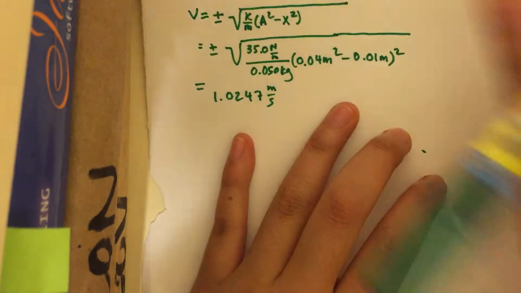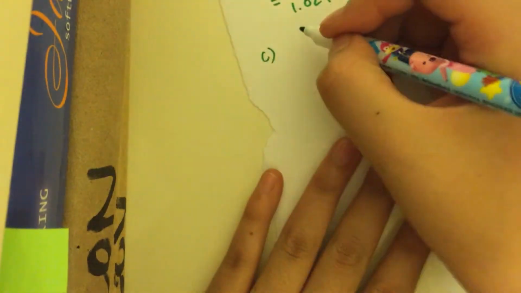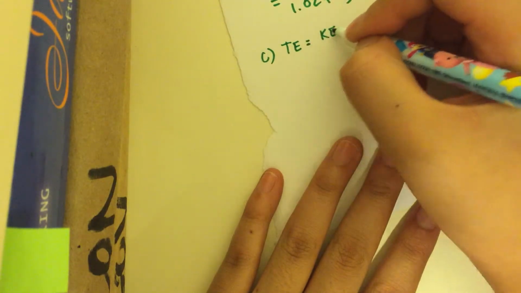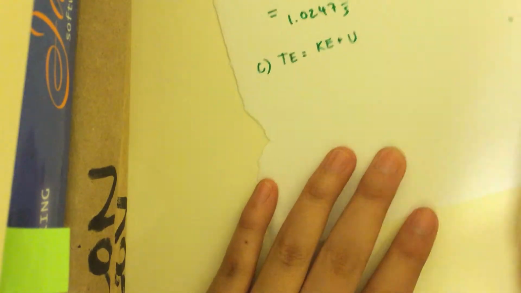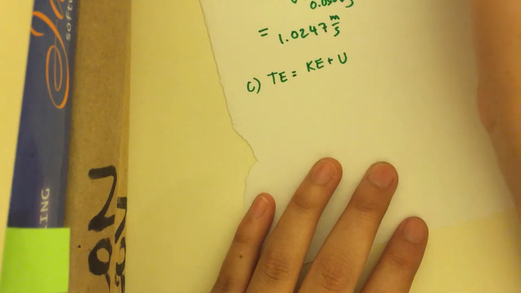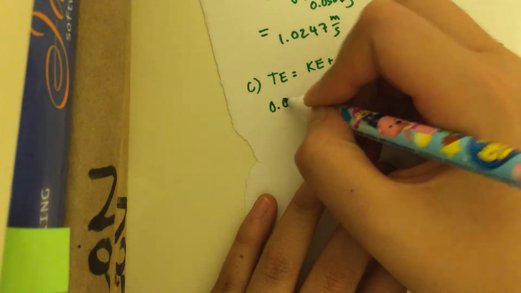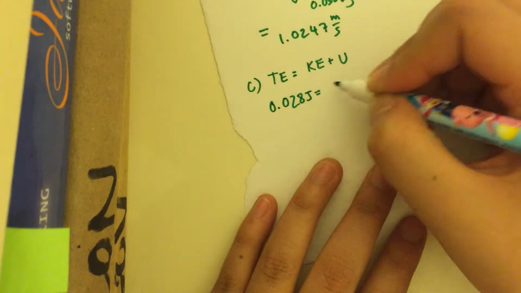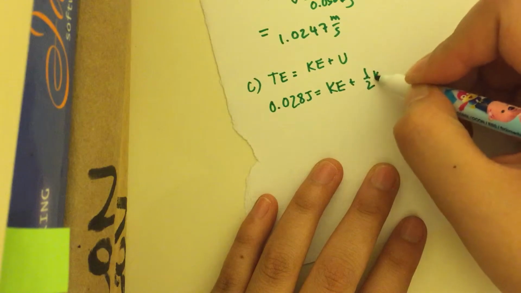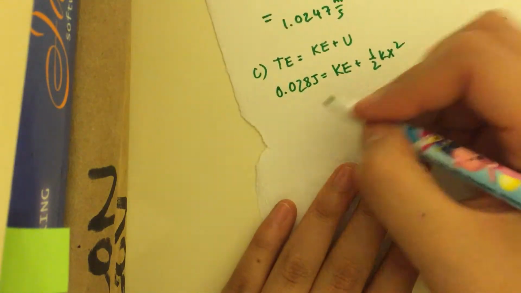So then part C asks you to find the kinetic energy. Total energy is equal to kinetic energy plus potential energy. And in part A, you found that it's totaled at 0.028 joules. Solving for kinetic energy, and you have potential energy is half kx squared.